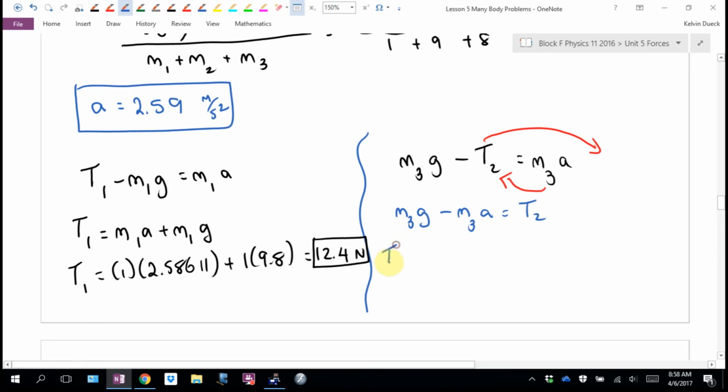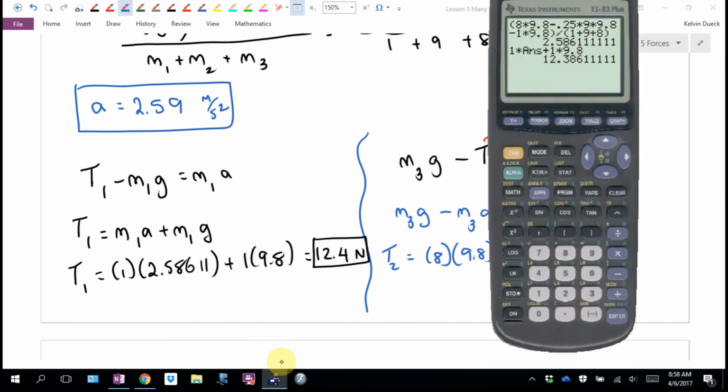Tension 2 is going to be, I've scrolled down. Mina, how big was mass 3 from the diagram? 8, thank you. How big is G, folks? 9.8 minus 8. And the acceleration was, now I can't use my answer button. I can see mine. I'm going to write 2.58611.